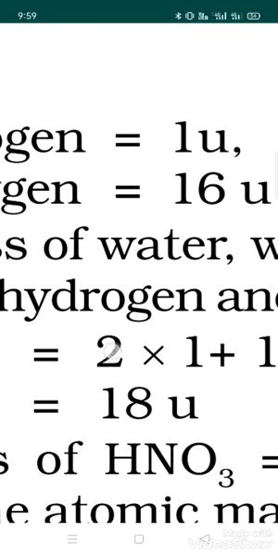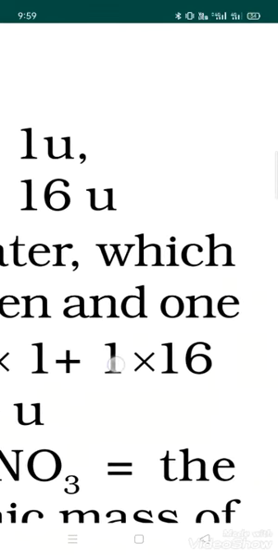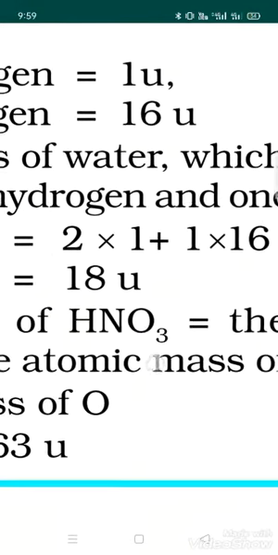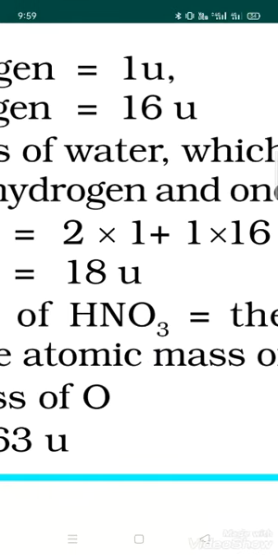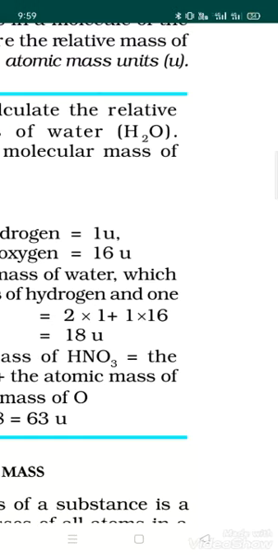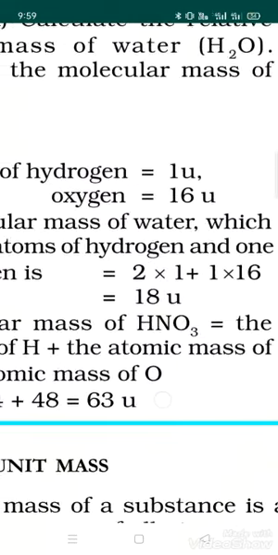Number of hydrogen multiplied with the atomic mass of hydrogen, plus number of oxygen multiplied with the atomic mass of oxygen. So ultimately we got 18 U, unified mass. So the molecular mass of the water molecule is 18. Hope you understand.